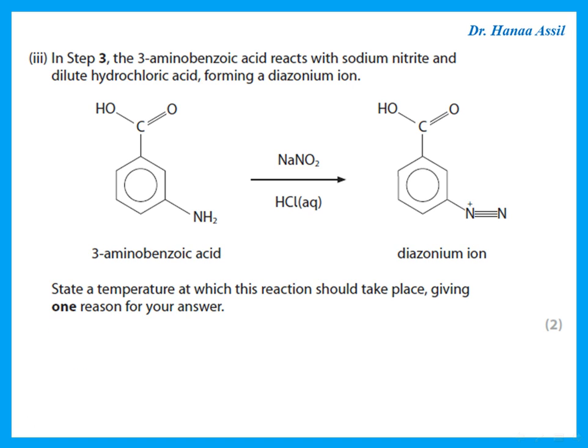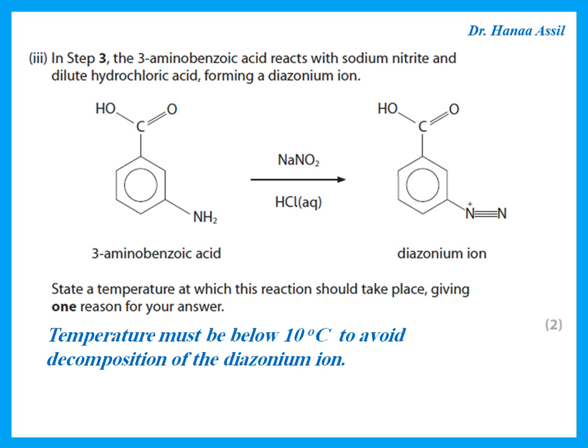And we need to do this at a temperature below 10 degrees Celsius, otherwise the diazonium ion will break down. So temperature must be below 10 degrees Celsius to avoid decomposition of the diazonium ion to form other side products.